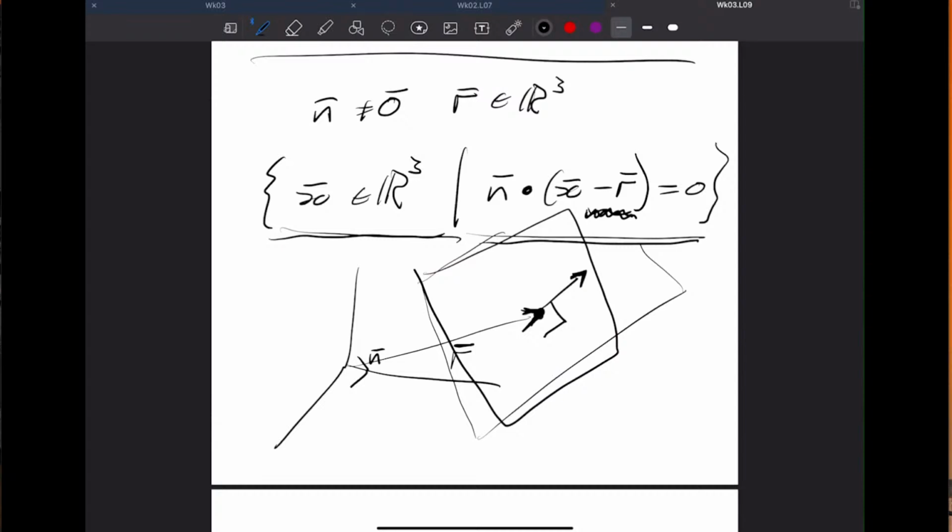So that is roughly the intuition behind a Cartesian equation for a plane. Remember, r is any single point on the plane, and n is a normal vector of the plane.